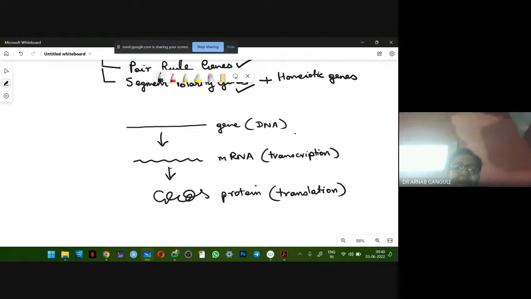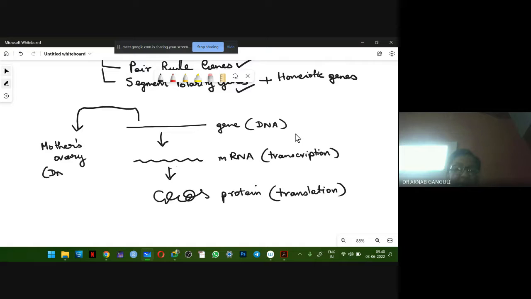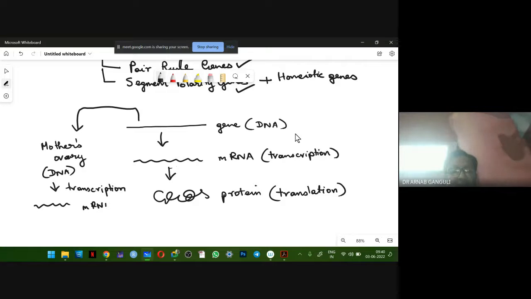So these maternal effect genes are present in the mother's ovary, that is in the form of DNA. Then transcription takes place and mRNA is formed.